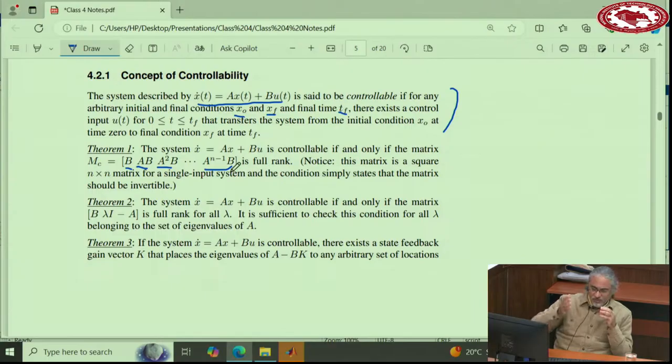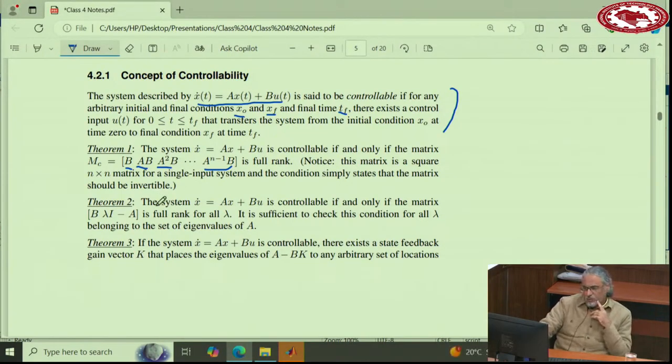In general it's a fat matrix, so the rank of this matrix should be equal to the number of rows of this matrix. Like I said, we are not going to prove it. If it's a single-input system, this matrix will be a square matrix.